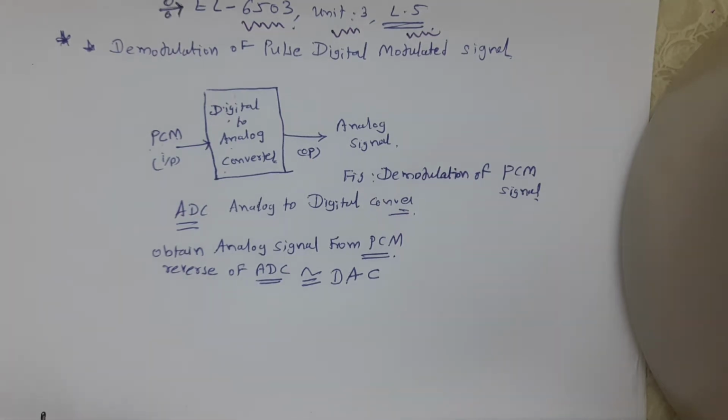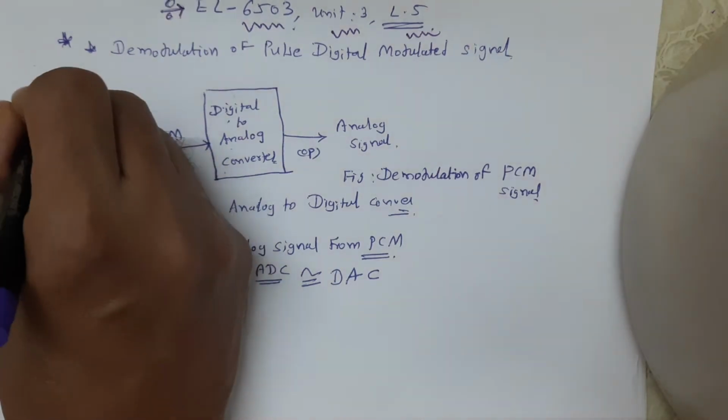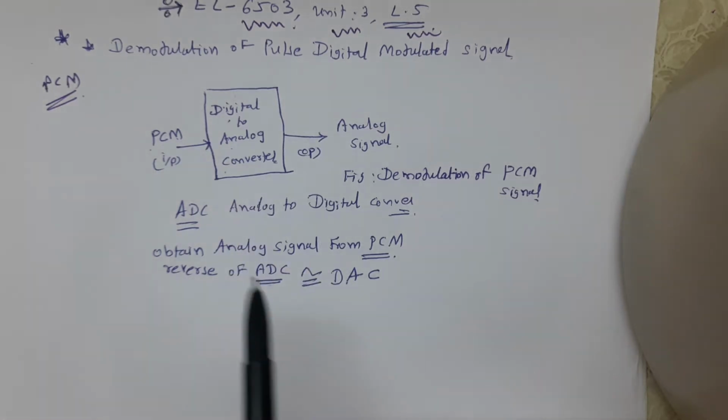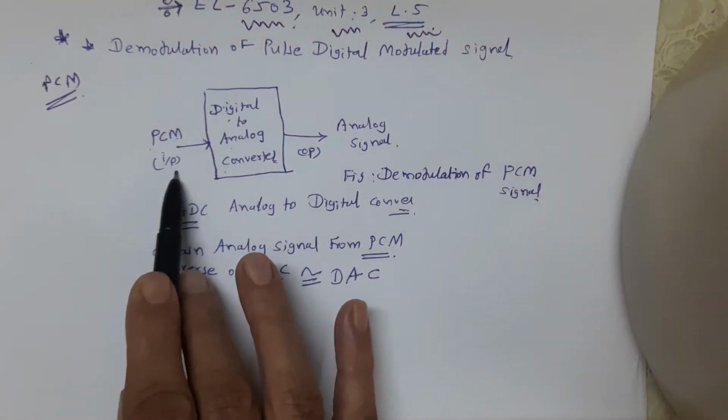The demodulation of PCM, pulse code modulation, is straightforward. The figure shows the block diagram for the reconstruction of the analog signal in case of PCM. This is your block diagram. PCM signal is our input.